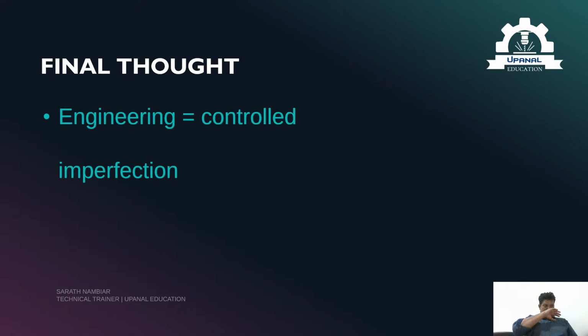But when those variations are calculated, controlled, and matched properly, the machines work smoothly and reliably. So engineering is not about perfection, it is about controlled imperfections. That is the beauty of engineering.